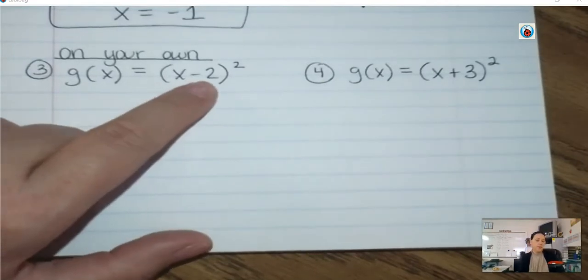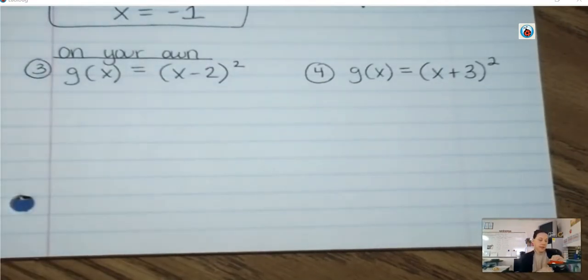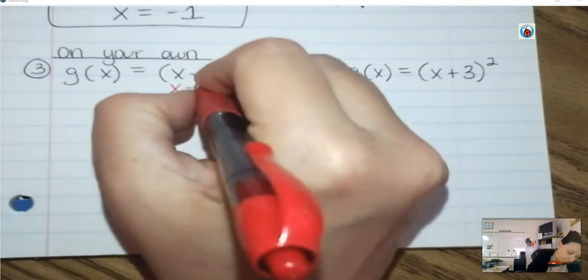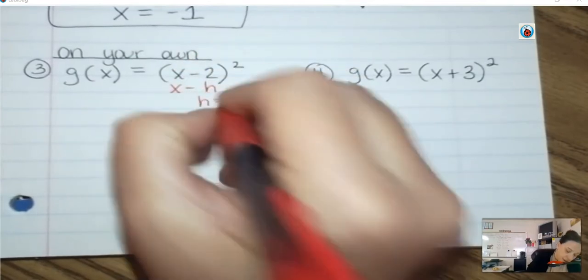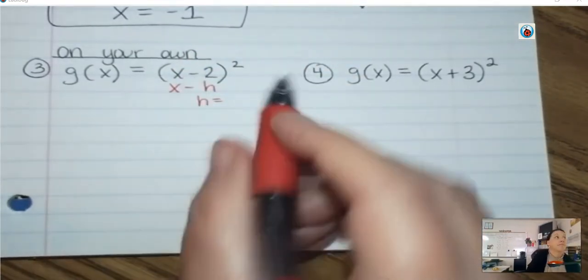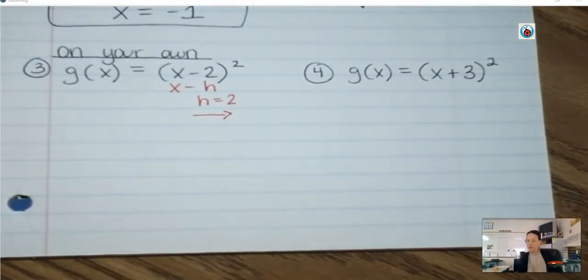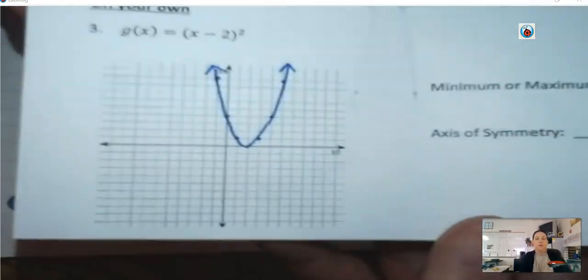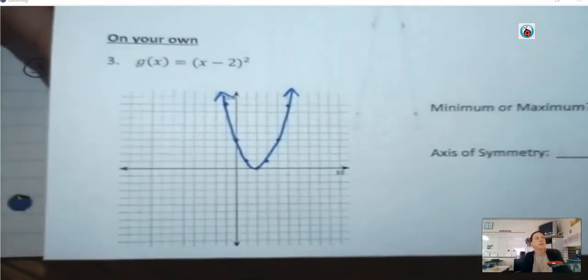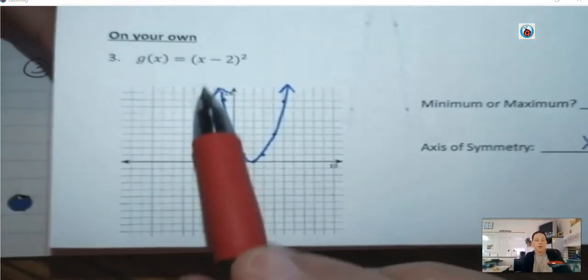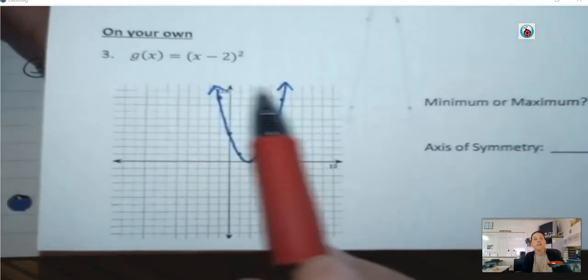So here, that 2, because it's x minus h, so your h is whatever comes after the minus sign. So h is 2, so it should have moved the whole graph 2 units to the right. So the graph should look something like this. It opens up. Don't forget to have arrows on both sides.